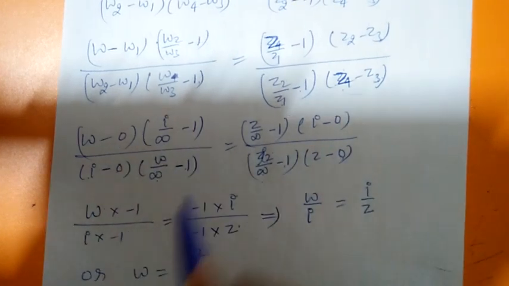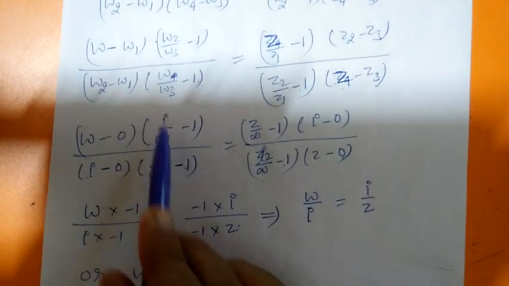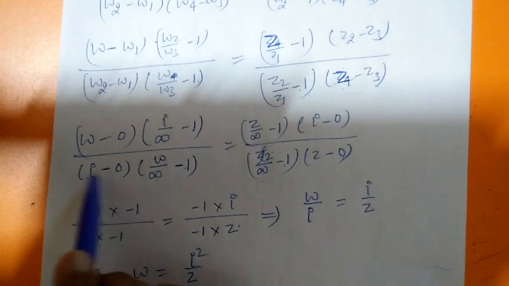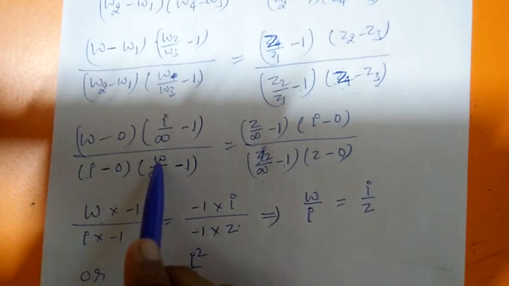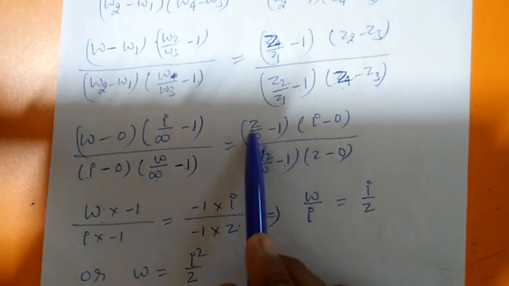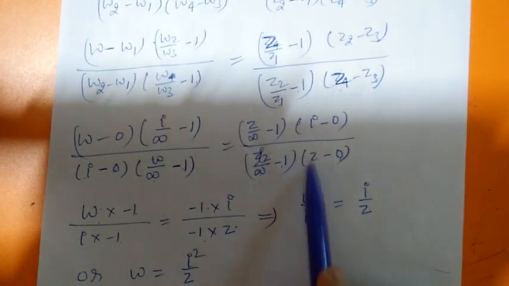So after simplification, we obtain w minus 0 is w, and something upon infinity is 0, 0 minus 1 is minus 1, upon iota minus 0 is iota, and something upon infinity is 0, 0 minus 1 is minus 1, so this minus and this minus cancel, and here this is minus 1 and this is iota, and this is minus 1 and this is z.